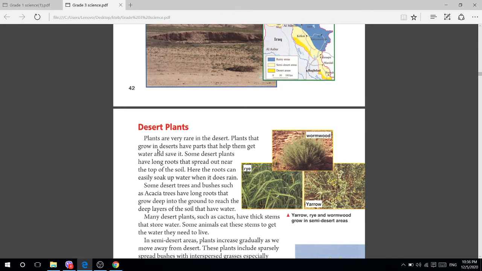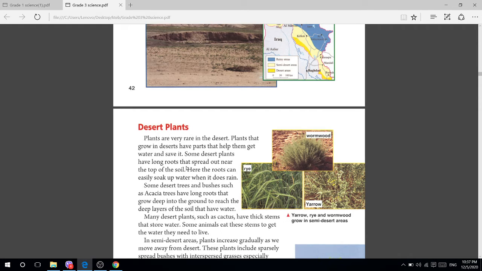Plants that grow in a desert have parts that help them get water and save it. They get water and save it during the summer.